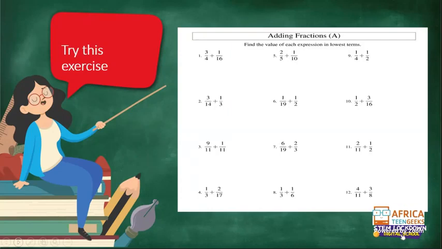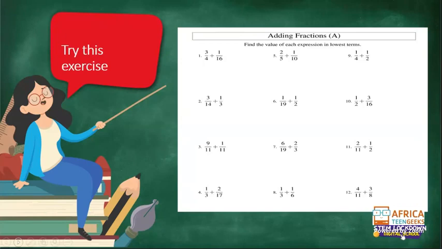All right, the correct answer is, thank you, Mushava, 21 over 38. Because you multiplied 1 over 19 by 2 over 2, then you have 2 over 38 plus 1 over 2 multiplied by 19 over 19, and you have 19 over 38.